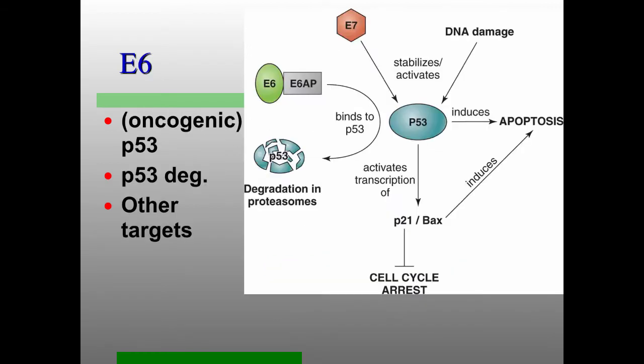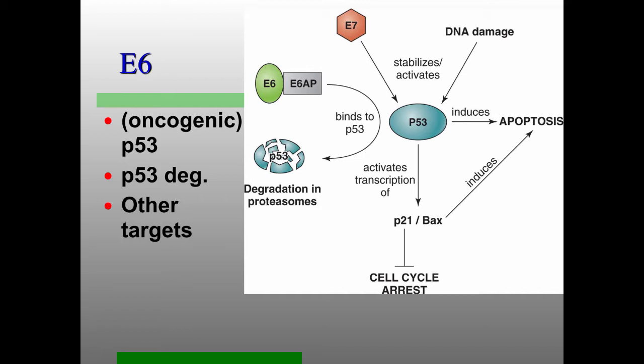P53 is particularly interesting in the papillomaviruses because E7 actually stimulates the activity of P53, which generally would be a really bad thing because that's stopping the cell cycle and leading to apoptosis, which is exactly the wrong thing, to totally over-anthropomorphize, that you want to happen if you want to replicate as a virion.